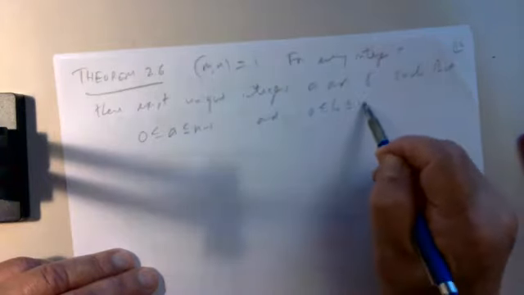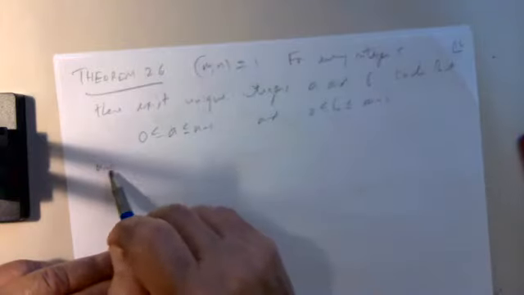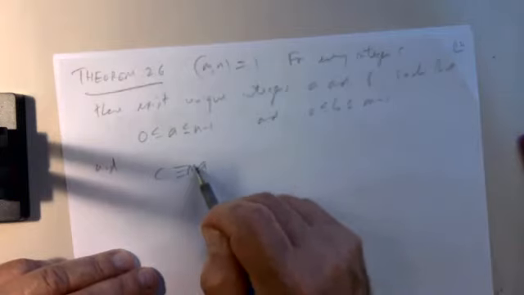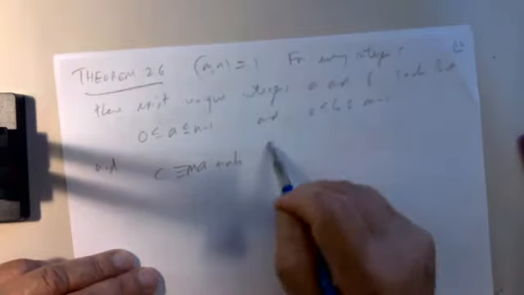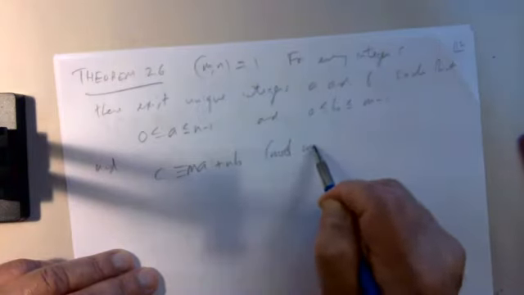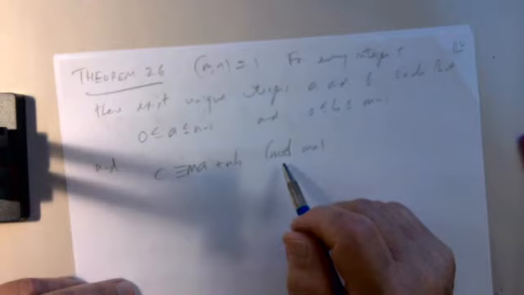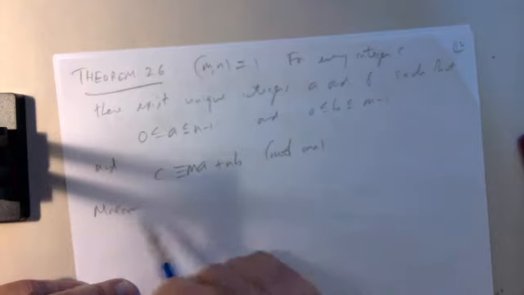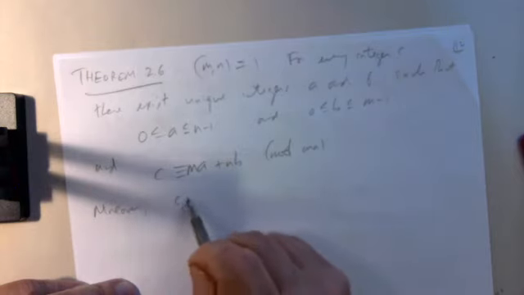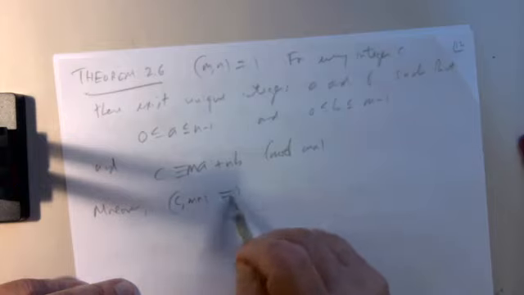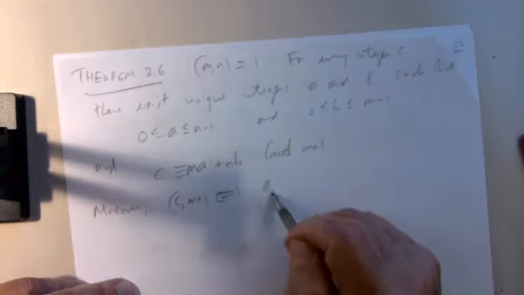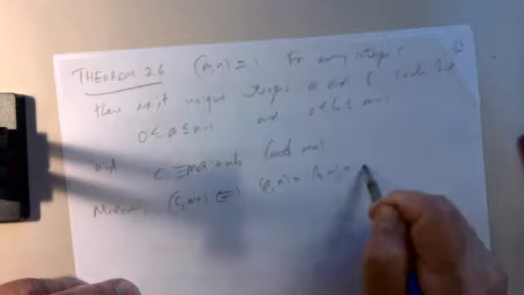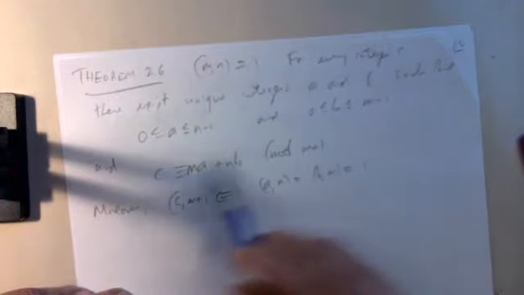and b is between 0 and m minus 1, and c is congruent to ma plus nb mod m times n. Moreover, c is relatively prime to mn if and only if a is prime to n and b is prime to m in this representation.